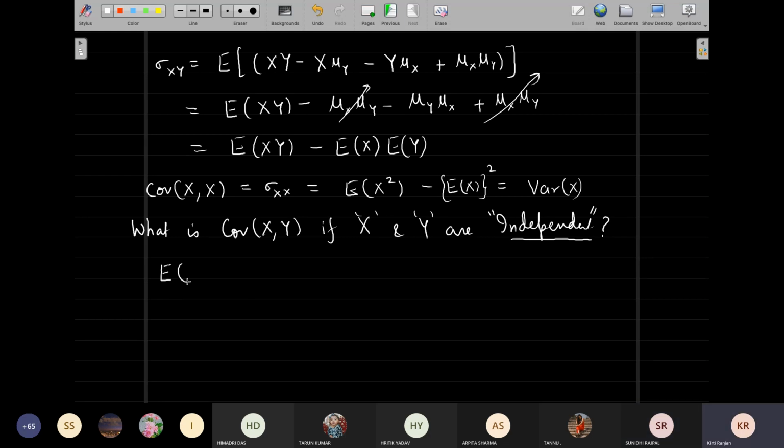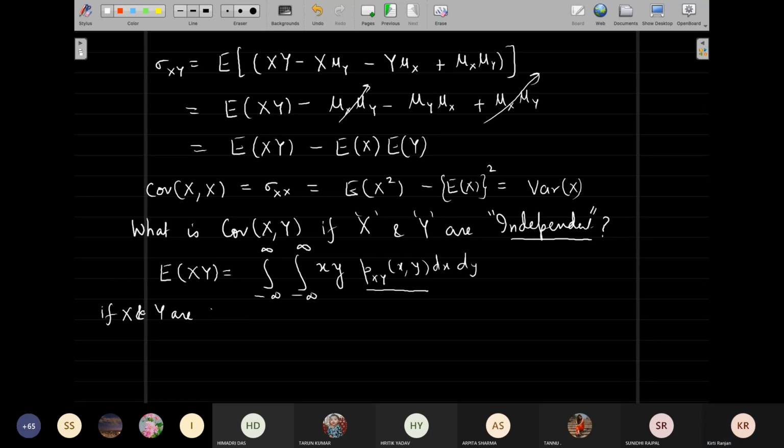So let's just write expectation value of xy. What is this? This is minus infinity to infinity, minus infinity to infinity, x times y, pxy xy dx dy. Right? Now, pxy is generally a joint PDF and you cannot reduce it further. But if x and y are independent, then I can write my pxy xy as px(x) py(y), right?